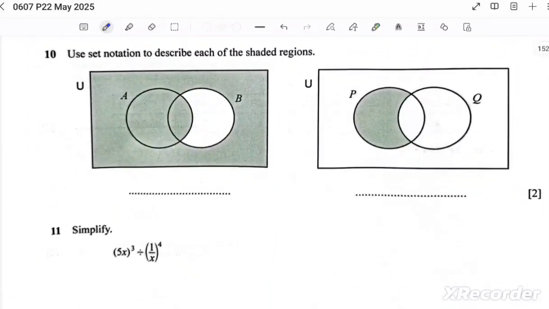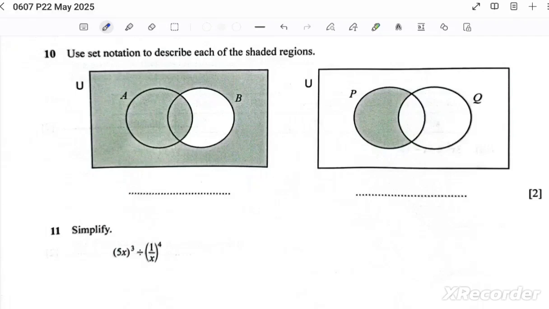Next question. The first question is use set notation. When you talk about set notation, it means we are going to use union, intersection, complement and those notations.